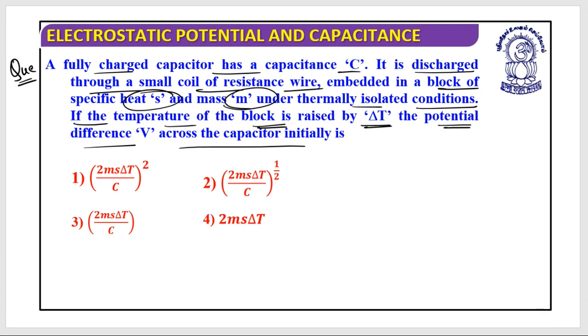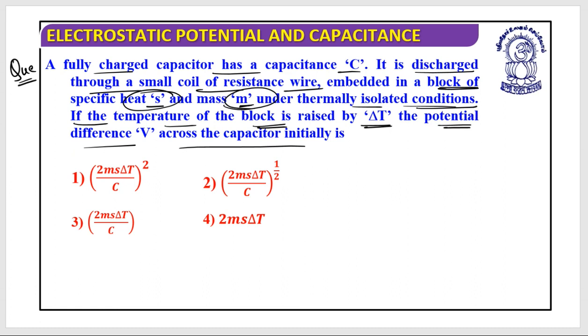This is a case where you are combining concepts of class 11 and class 12, because a block having specific heat capacity S and mass M under thermally isolated conditions, with its temperature raised by delta T, is something you learned in class 11, in thermal properties of matter, in calorimetry.